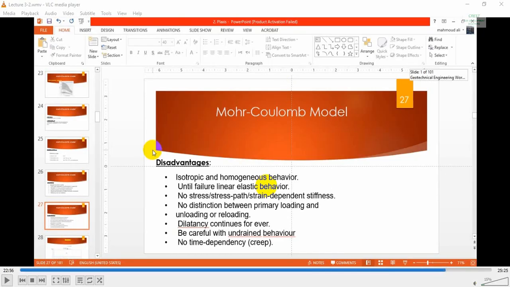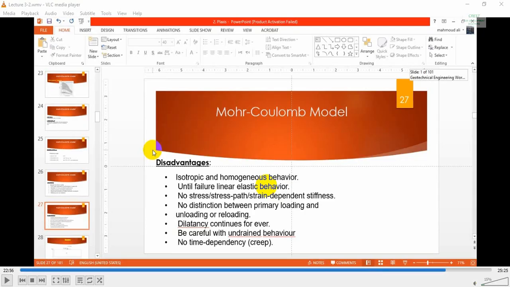At the same time, the Mohr-Coulomb model has some drawbacks that make it not suitable for all or some of the geotechnical applications. First, it assumes the soil as an isotropic and homogeneous material, which is not accurate for many applications. Second, the stiffness value is constant and is not stress or strain dependent.